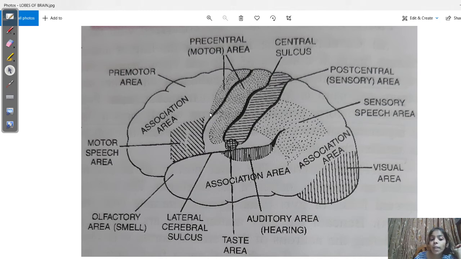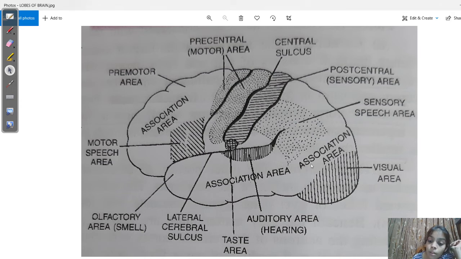Now, in between frontal and parietal, there is a depression, and that depression is called the central sulcus. So frontal and parietal lobes are demarcated by the central sulcus. Just behind the parietal lobe, there is the occipital lobe at the back over here.